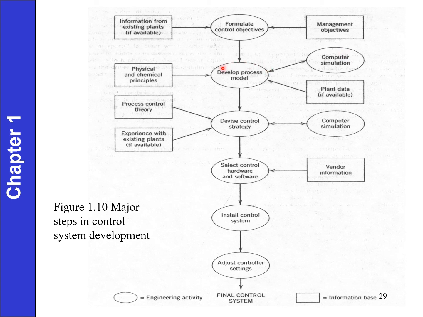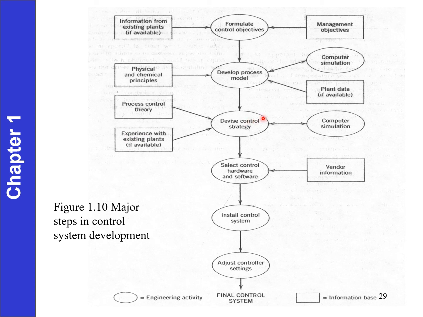After we develop a process model, we go to devise the control strategy. For the control strategy, there are two ways: computer simulation, where we get the data from process control theory, and also experiments with existing plants.